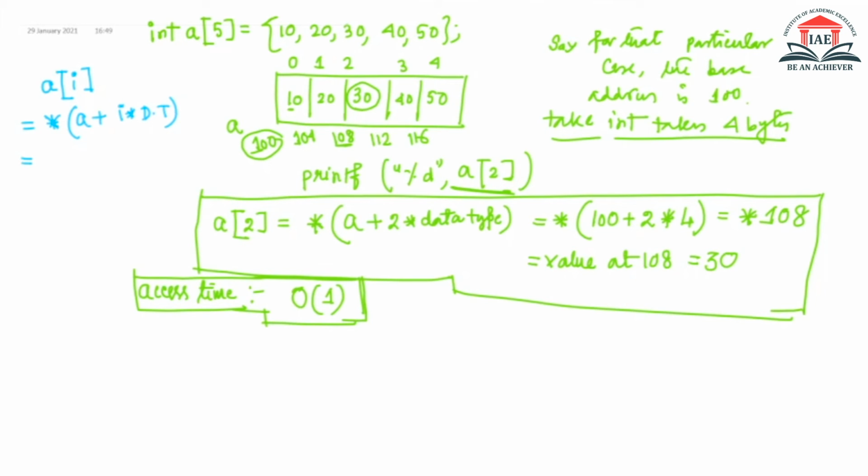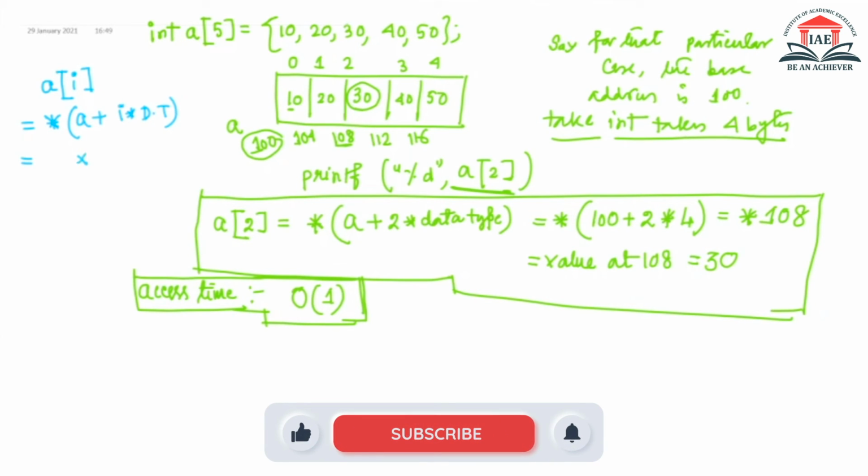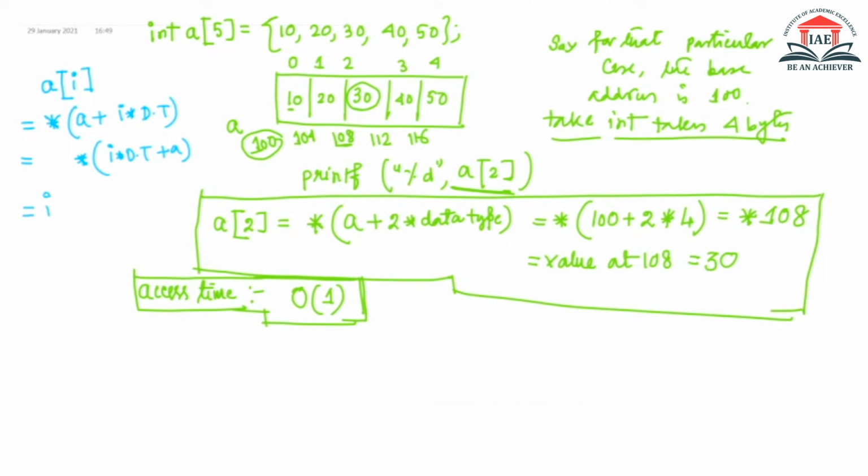Now, plus is a commutative operation, as we know. That means we can write i times the data type size plus a. That is similar to writing i[a]. That means if we want to print something, whether you write a[i] or i[a], both will give you the same result.